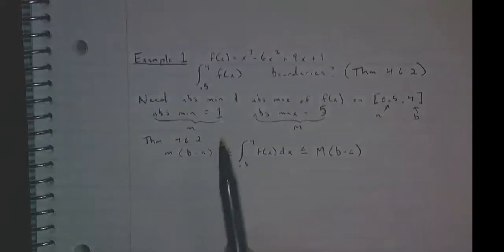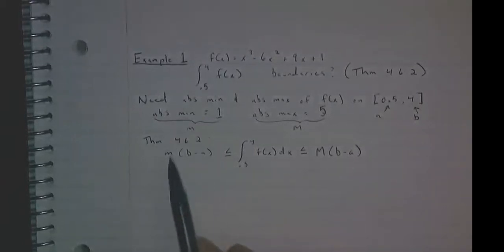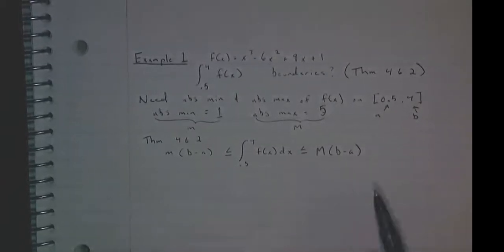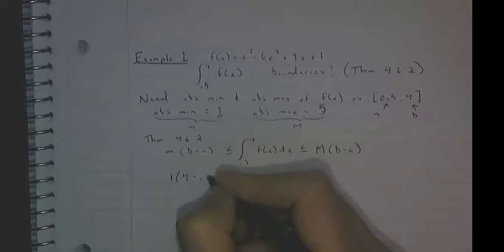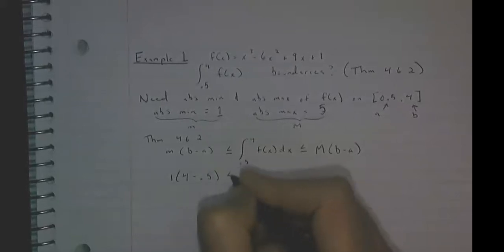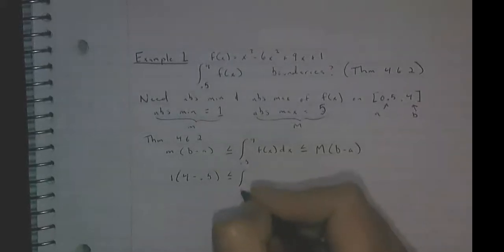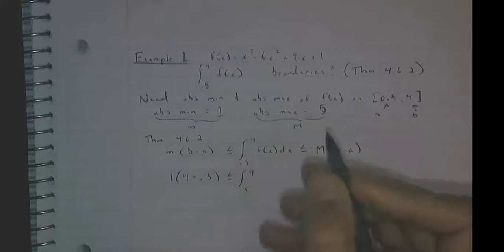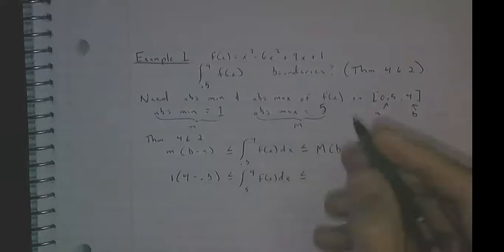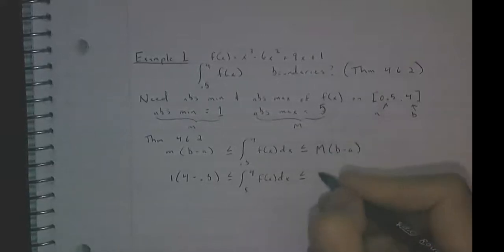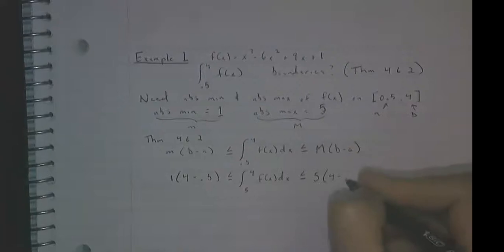So now we just plug in our specific values for little m, big M, and a and b. So we have the left side is 1 times 4 minus 1/2 is less than or equal to the definite integral from 1/2 to 4 of f of x dx, which is less than or equal to big M, 5 times 4 minus 2.5.